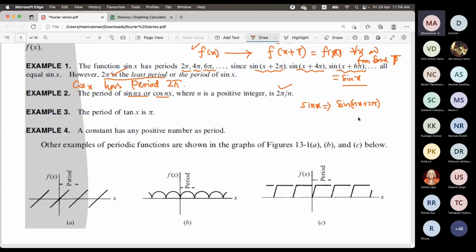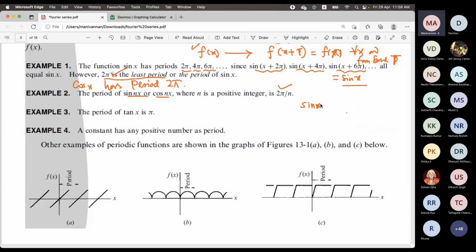What will be the answer? It is sin nx cos 2 pi plus cos nx sin 2 pi. Expanding it, sin 2 pi is 0 and cos 2 pi is 1, so only sin nx remains. So this 2 pi is not possible as the period if I write it in this way.